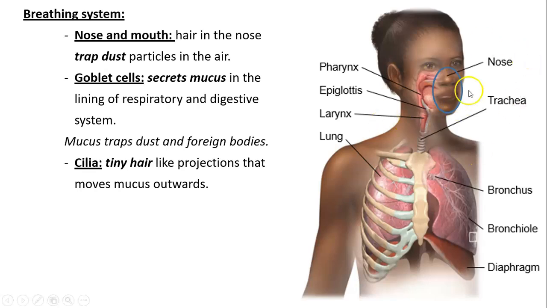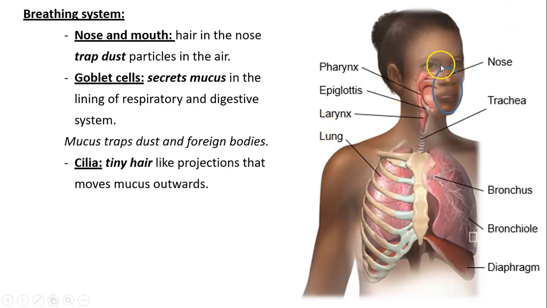So the air enters our body from the nose or the mouth, or both of them. And then the hair in the nose will trap the dust particles in the air. That's why you're always advised to breathe through your nose, not through your mouth, because your nose is adapted more to take in the air and to filter it.